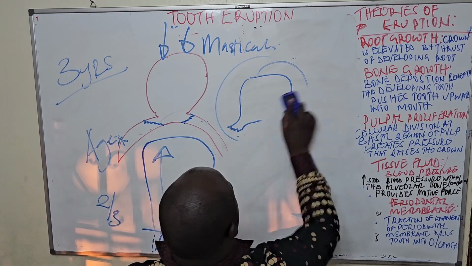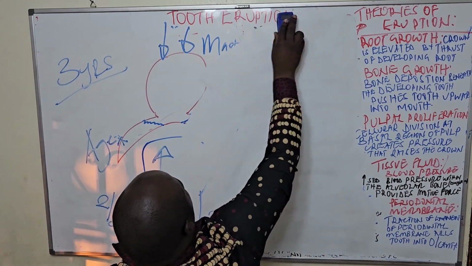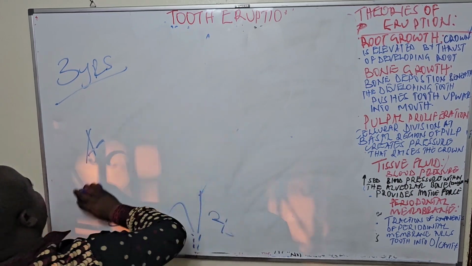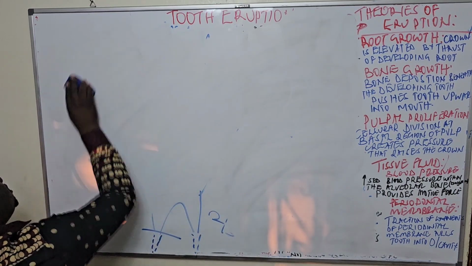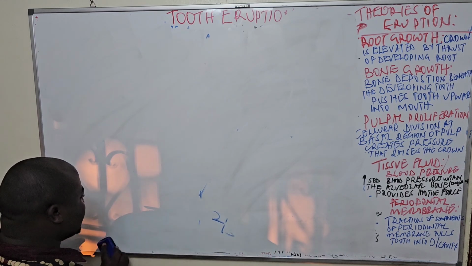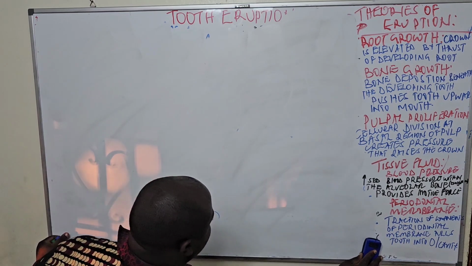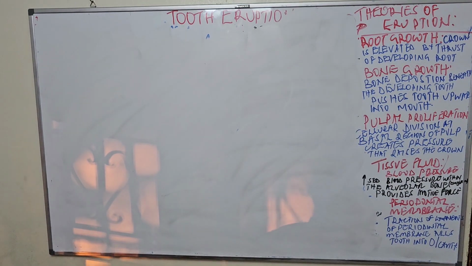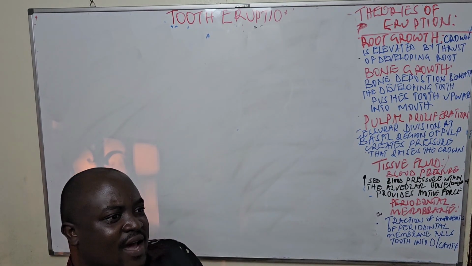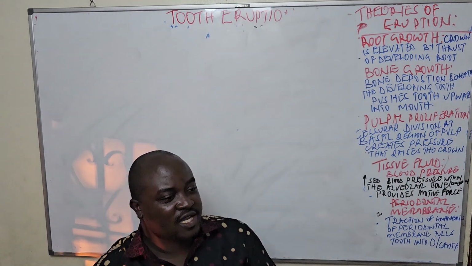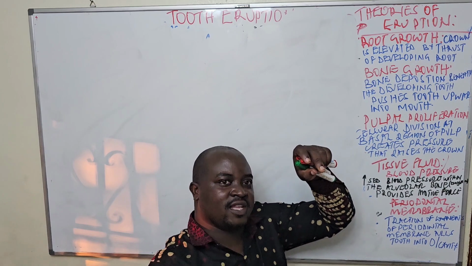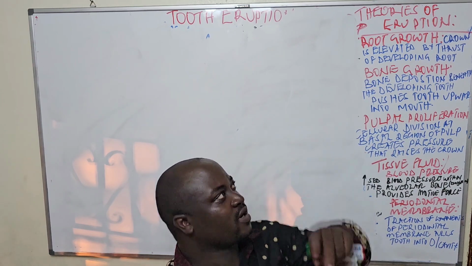So we are on theories of tooth eruption. We have theories of what people think happens as we have movement of a tooth from its position in the jaw to the position in the oral cavity.